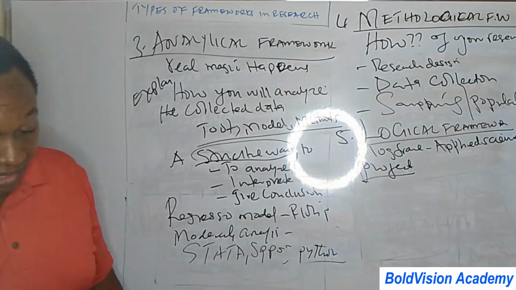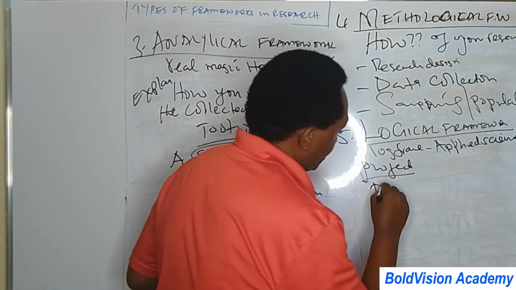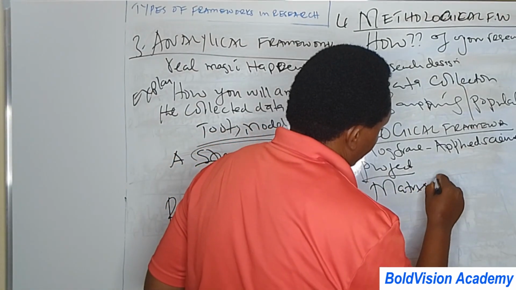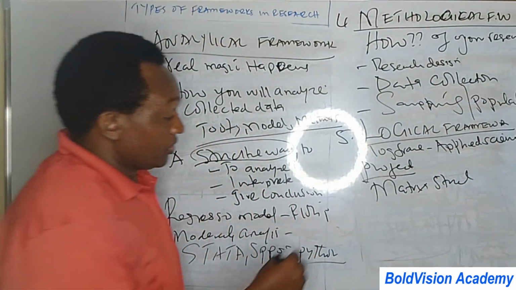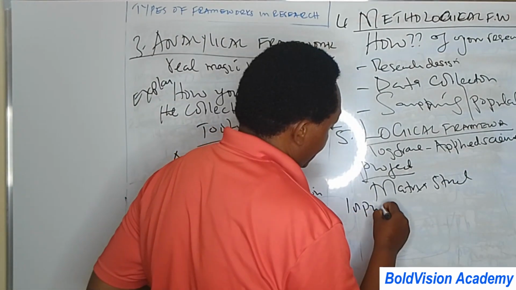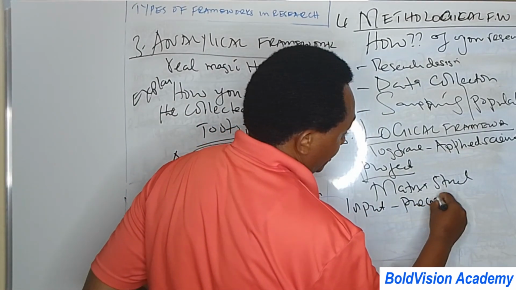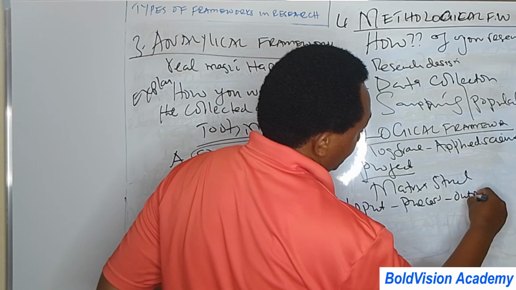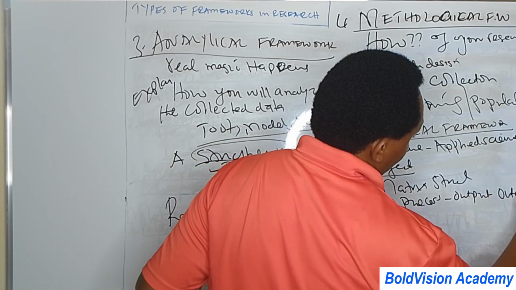And the reason is that it is just a structured matrix, a very structured matrix that has what we call the input on one side, and it has the process on the other side, it has the output, and it has now the outcome on the other end.